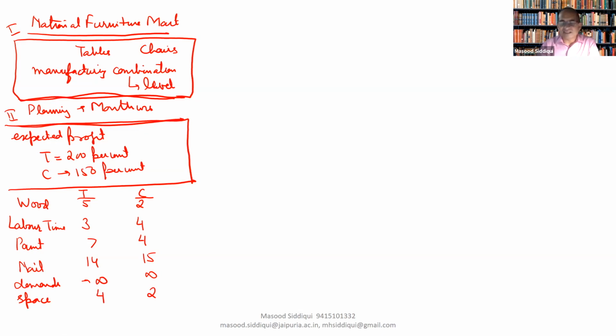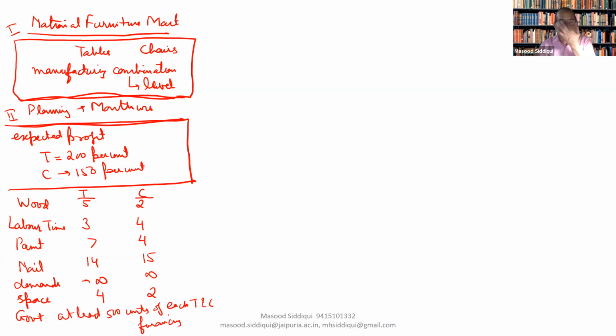The government condition is that at least 500 units of each product, of each of tables and chairs, are to be produced. And there is also one more thing related to financing of the project, or the requirement for money.